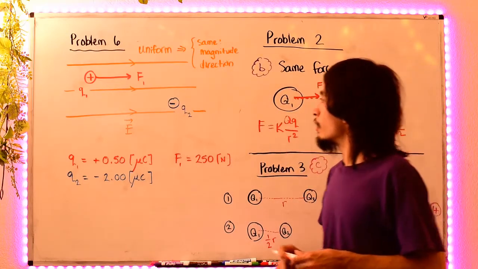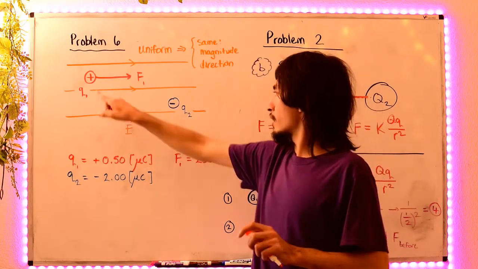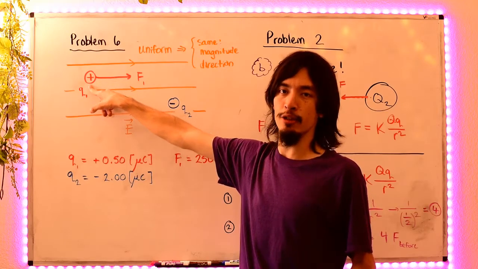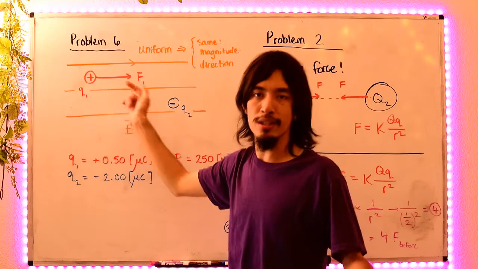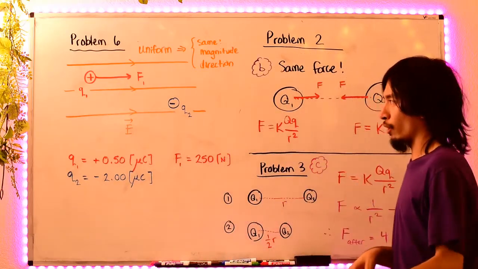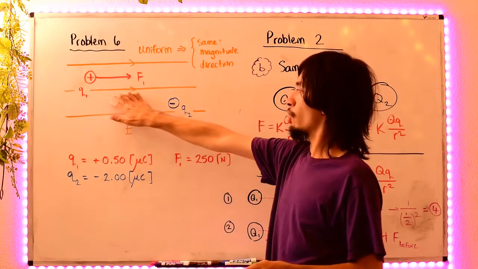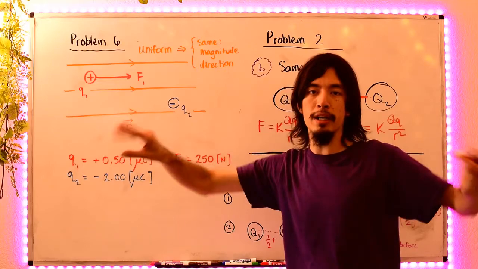Now, you can think of it as one of two ways. You can either remember that positive charges would feel a force in the same direction as the electric field. So because the force is to the right, it means the electric field was to the right. Or you can also see it as if the electric field was created by an external source beyond the scope of this picture.